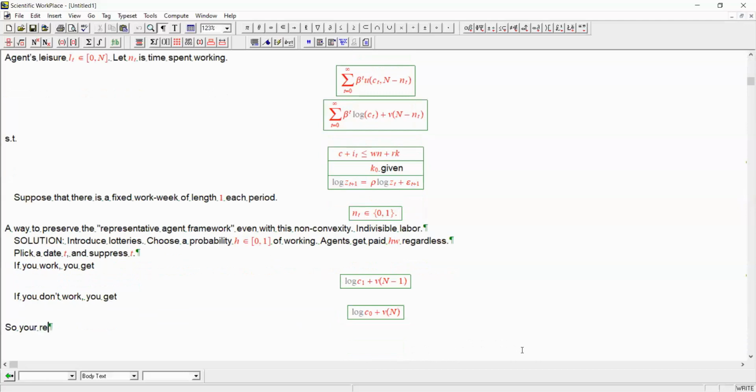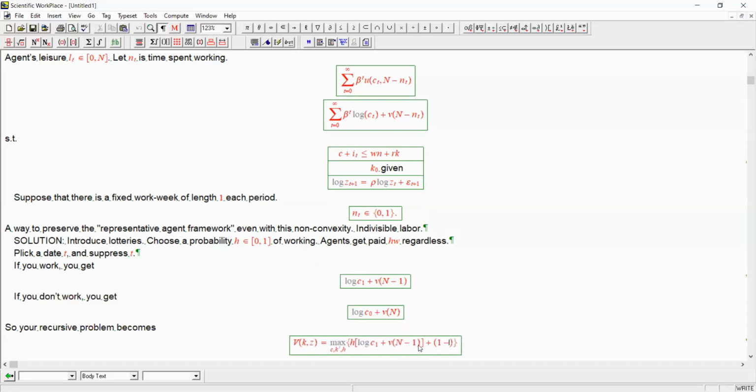So your recursive problem becomes something like this. V of k and z equal to the max, and of course now choosing consumption, capital tomorrow, and h of, well, with probability h, you get this.